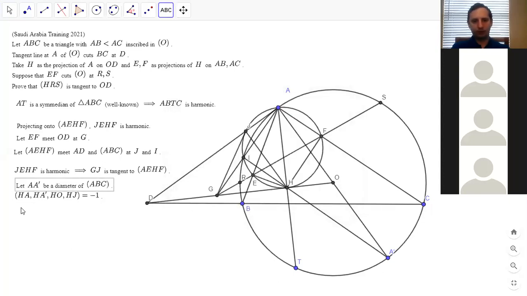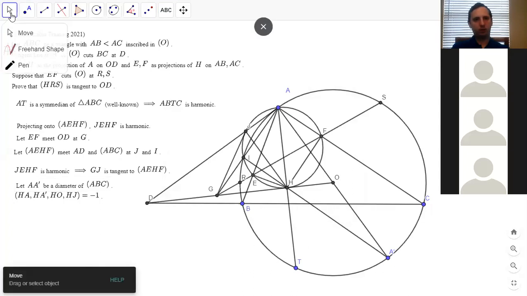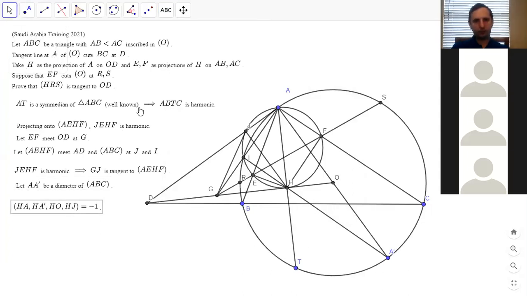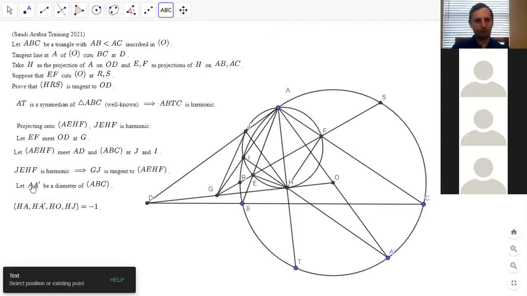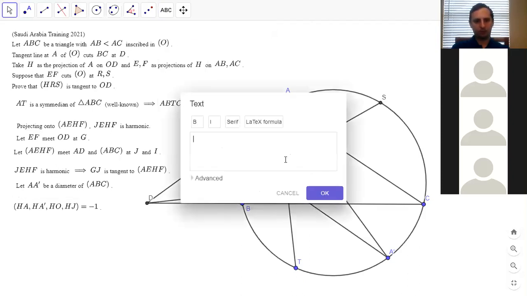And so projecting, well, HJ is perpendicular to AB, which means that HJ is parallel to AA prime.